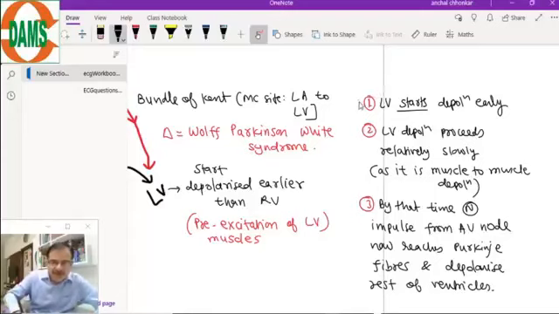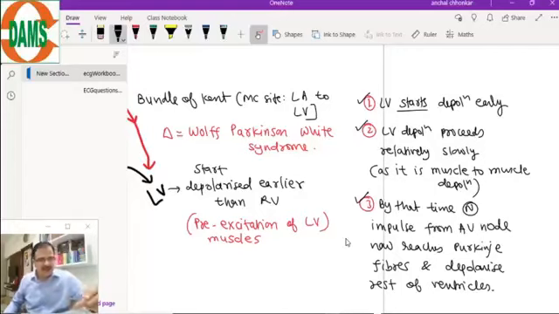So number 1 step, number 2 step, number 3 step. These are the steps of depolarization. Yes, Purkinje fibers are way faster, but the impulse from the AV node reaches those fibers relatively slowly in cases of WPW syndrome. So what will happen?